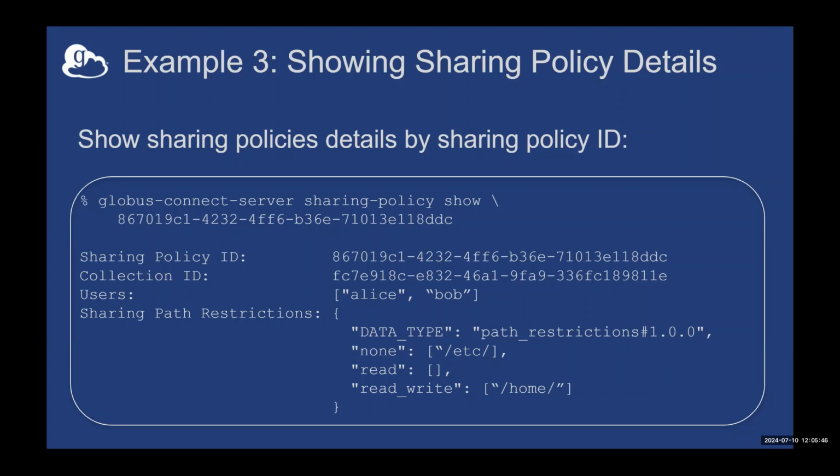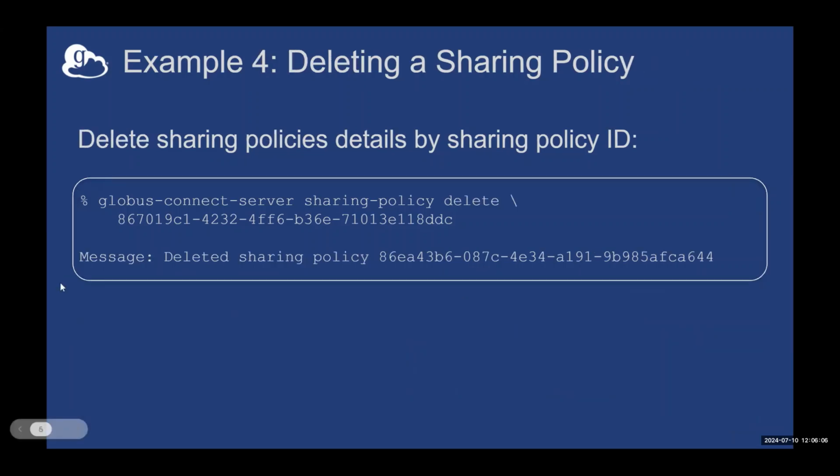Just a note, not to throw anybody off: in the command output in this example, the values for sharing path restrictions don't normally look like that. They wrap around in a continuous line, but I want you to be able to read them in the presentation, so don't be shocked when you use this from the command line in real life. And finally, of course, you can delete sharing policy IDs. It's not a shocker.